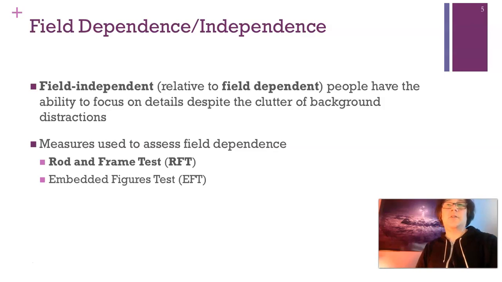They might be more inclined to keep their distance from other people, and they tend to show a preference for non-social types of activities or situations. That's of course in relation to field dependent people who would be, let's say, more outgoing.